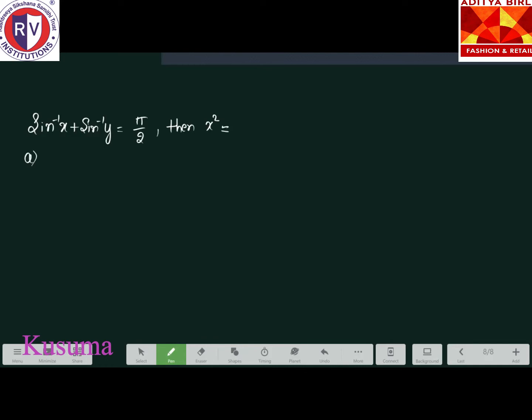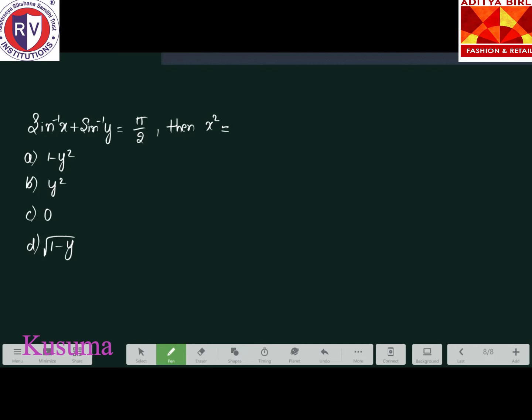Option A, 1 minus y square. Option B, y square. Option C, it is 0. And option D is root of 1 minus y.